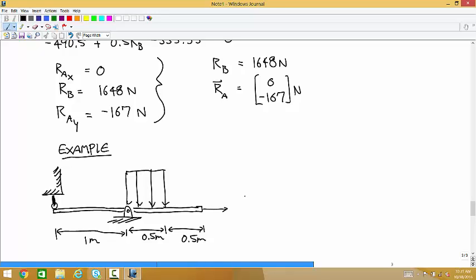And let's put a horizontal force on this one. I'll make this distributed load 1,000 newtons per meter. What are the reactions? We'll neglect the weight.